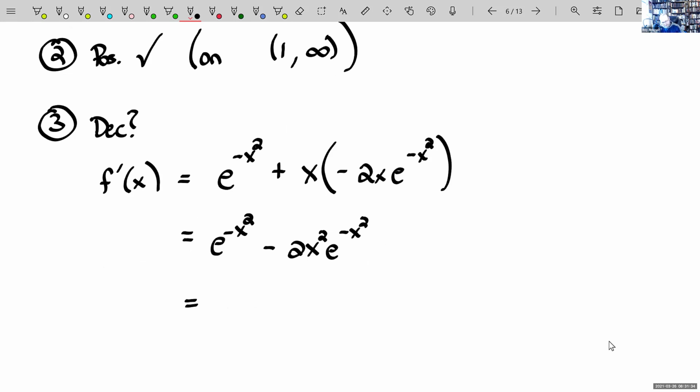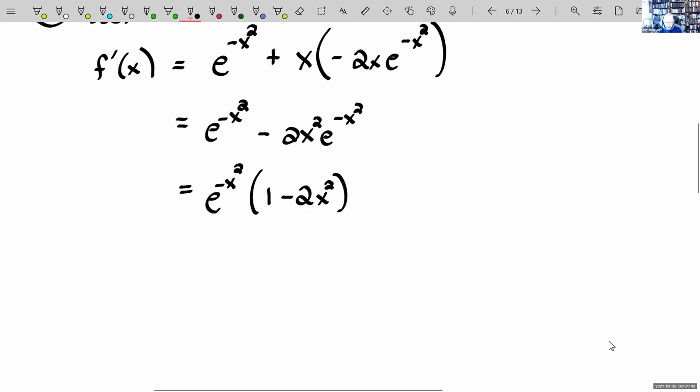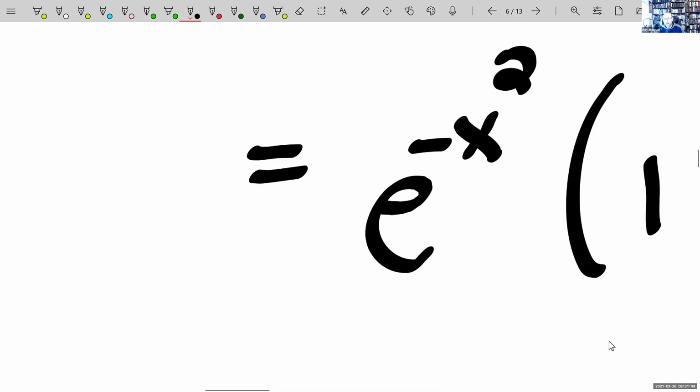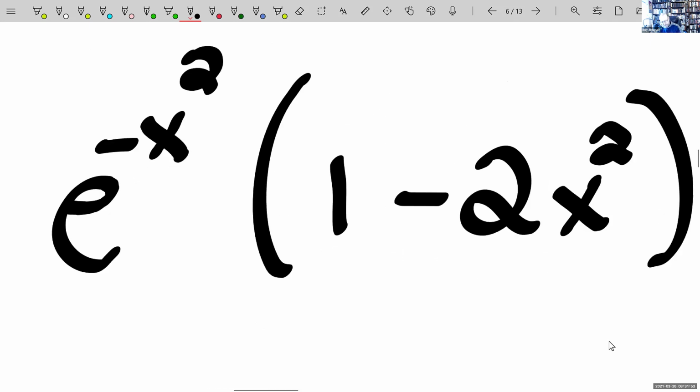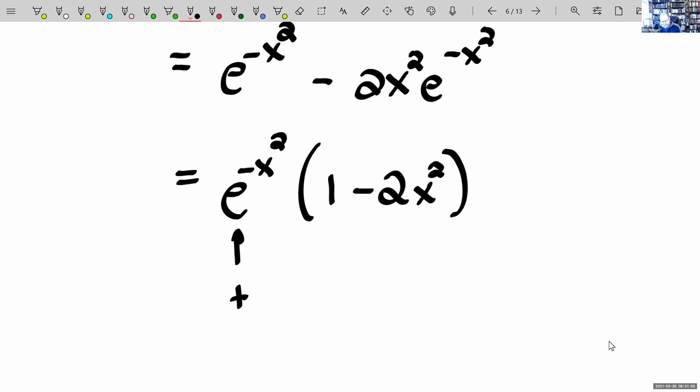So let's go ahead and factor out e to the negative x squared. You should all know this. Exponential functions are always positive. That is a positive number there. Doesn't matter what I plug in, it's a positive number. Okay. So I know this is positive. That is eventually negative. Notice how I said that. It's eventually negative.